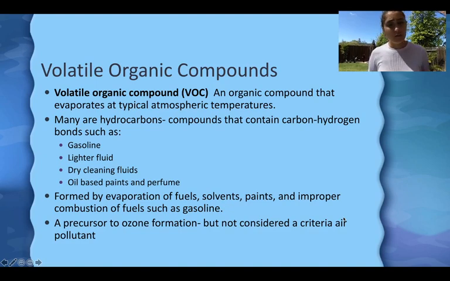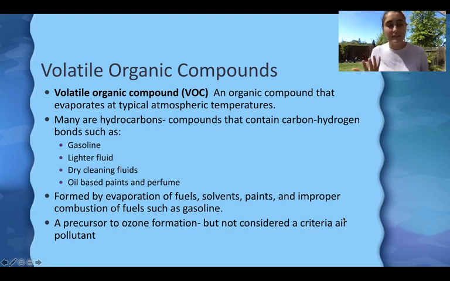Now, the VOCs are formed by the evaporation of these things, right? So gasoline, if you've ever been to the gas station and a little bit of gasoline has dripped out, or even just standing at the gas station, it has a very, very strong smell.